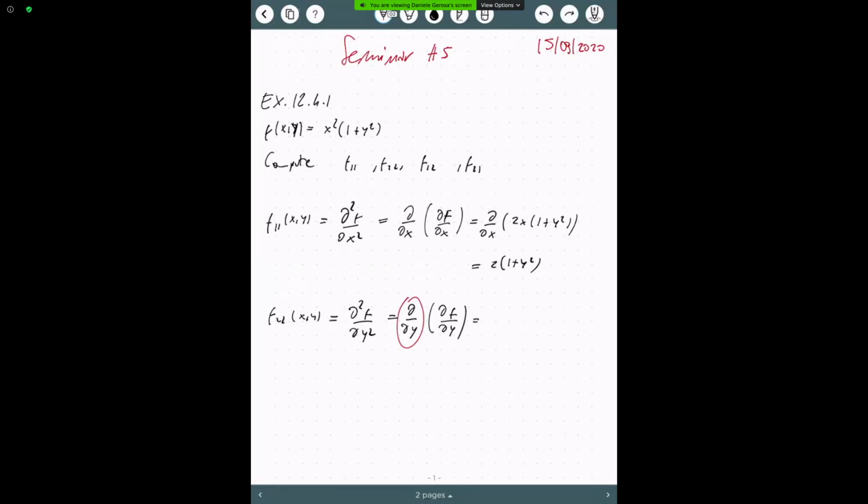So this is equal now to the partial derivative with respect to y of x squared times 2 times y. And this is equal to 2 times x squared.